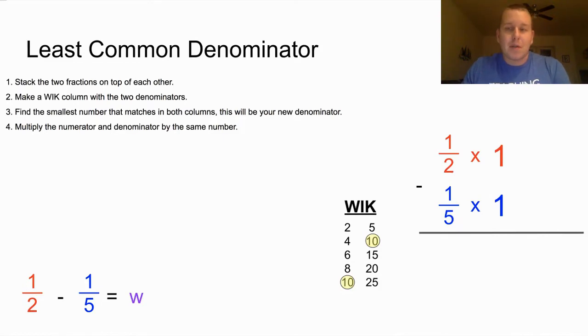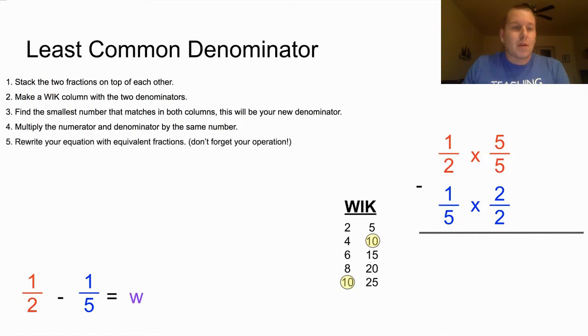But we're going to change that 1 to look like something else. Couldn't I say 1 is also 5/5 or 2/2? Any number over itself is equivalent to 1. So that's why when we're trying to find an equivalent fraction, we're basically multiplying by 1 because we're not changing the value of it. We're just finding an equivalent fraction so we can add and subtract a little easier.